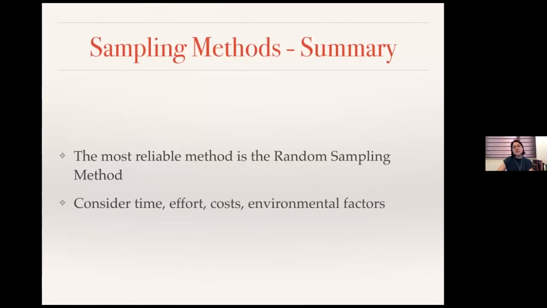So basically the summary for sampling methods is the most reliable method is still the random sampling method. But it is not the easiest. The easiest is still convenient sampling. So you have to weigh the advantages and disadvantages of both. If you want a more accurate, more precise, less biased type of result, then you choose a random sampling method.